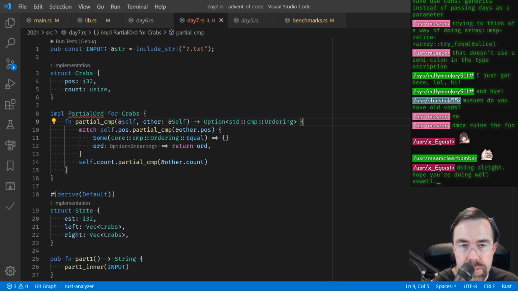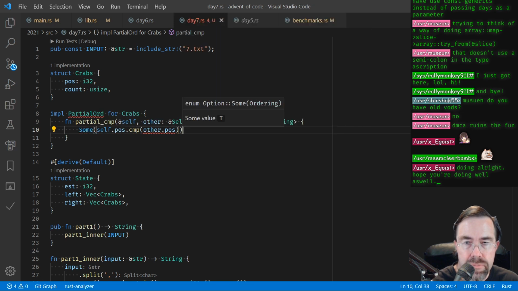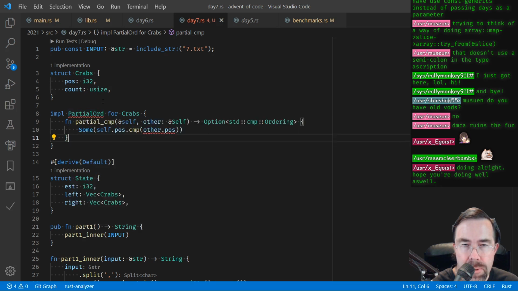Why did it fill it in like that? Really, it's just self.position.compare other.position, and it's Some. Oh, I need PartialEq.